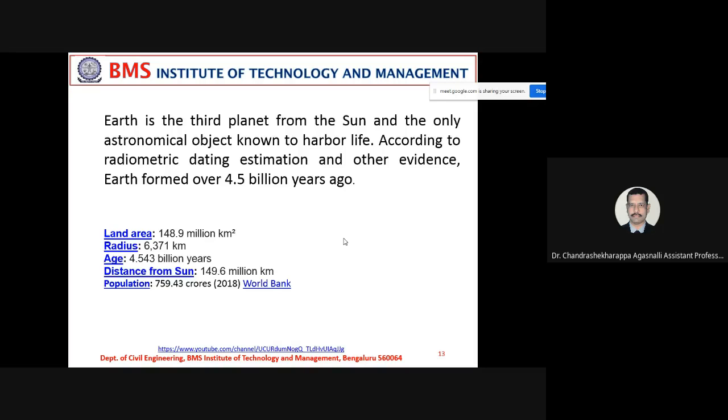4.5 billion years back, when the earth was formed, volcanic eruptions and many things were happening. At that time the rocks and minerals were formed: igneous rocks, sedimentary rocks, and metamorphic rocks. The first formed rock is igneous, the second is sedimentary, and the third is metamorphic.